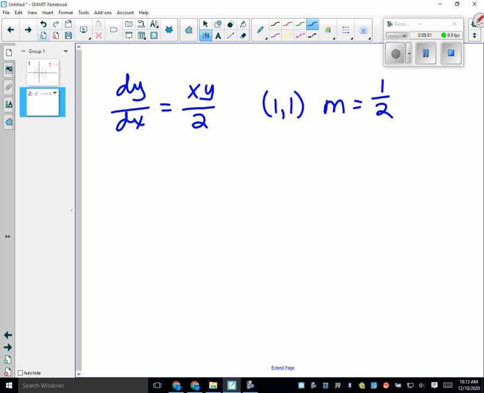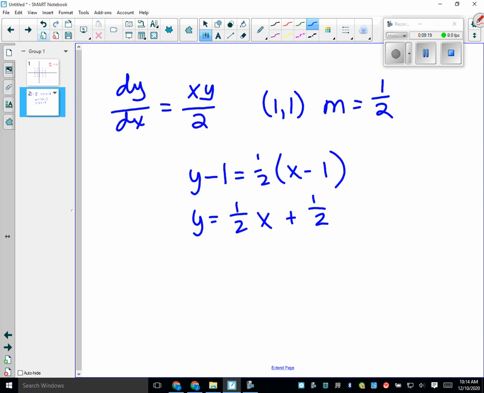So the equation of the line is y minus y1 equals 1/2 (x minus x1). So is y equal to 1/2 x plus 1/2? Now what does it ask me to do?